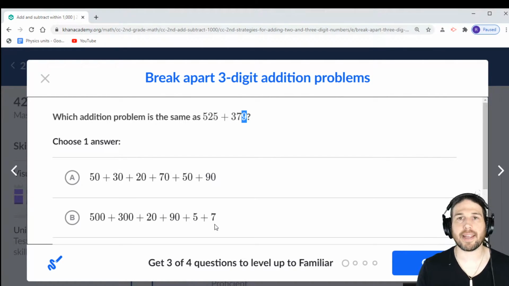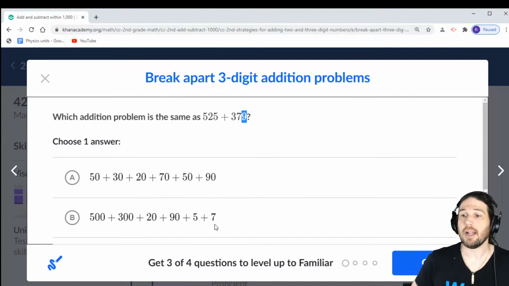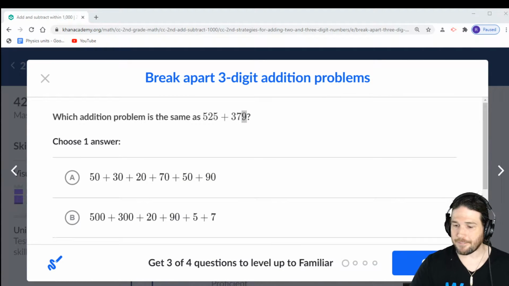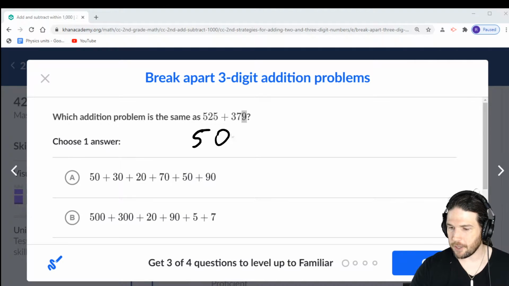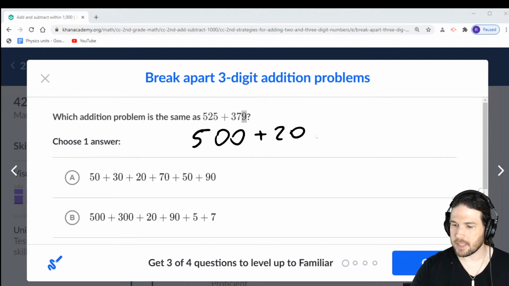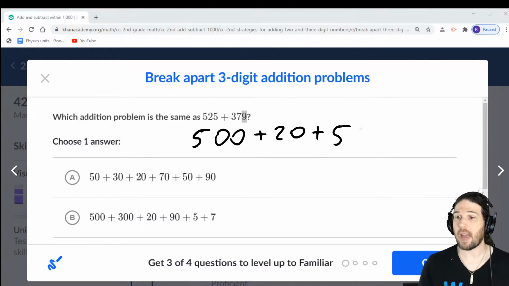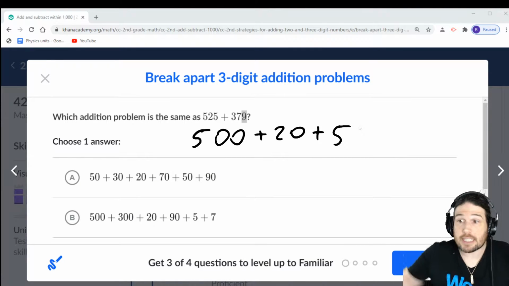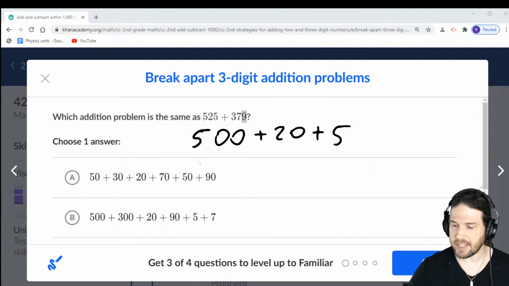All we are doing is taking advantage of the fact that addition can be done in any order. And we know from previous examples that 525 is the same thing as 500 plus 20 plus 5. And we know from previous experience that 379 is 300 plus 70 plus 9.